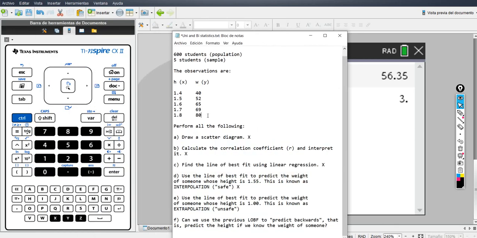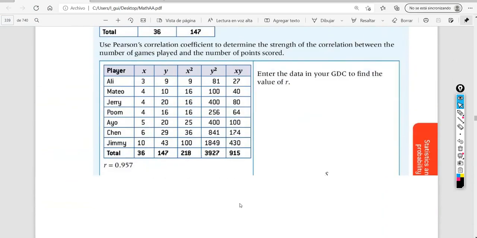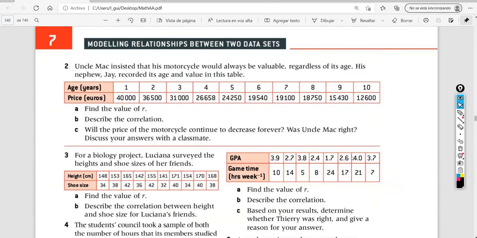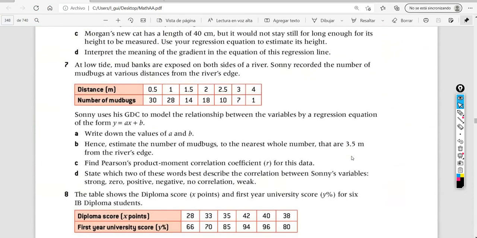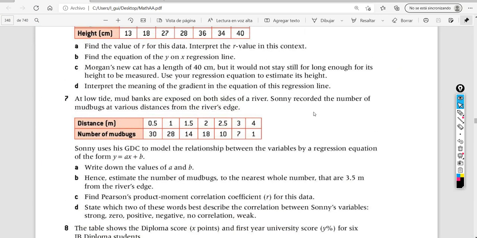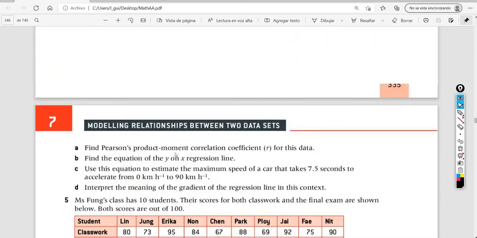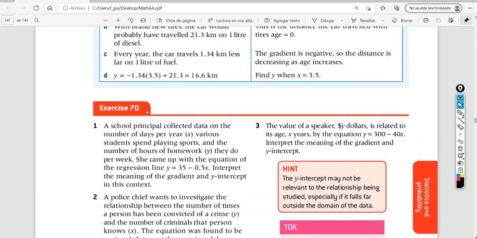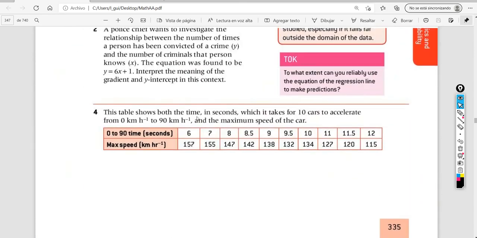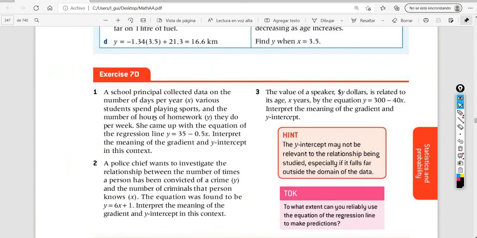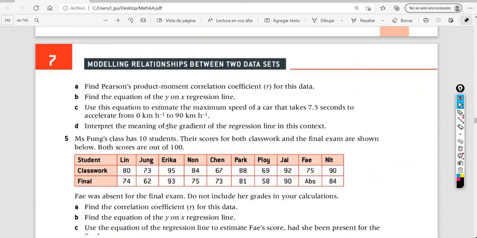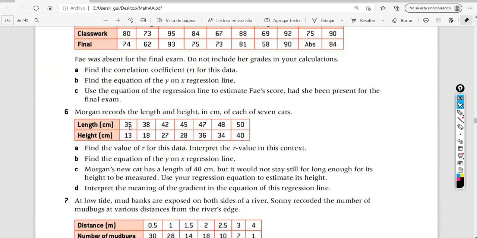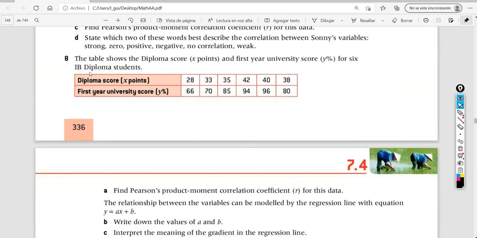And as homework, I want you to do two similar problems to this one from section 7D. You're gonna be doing them all in the end, but what I mean is for next lesson, I want you to do number 6 and number 8.